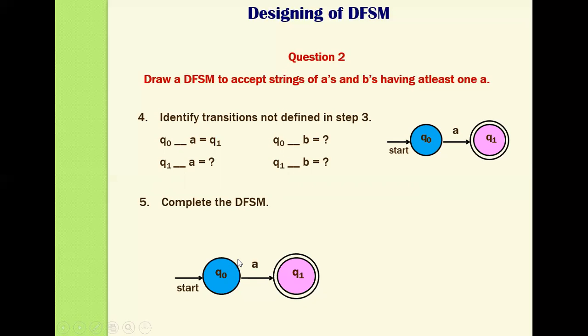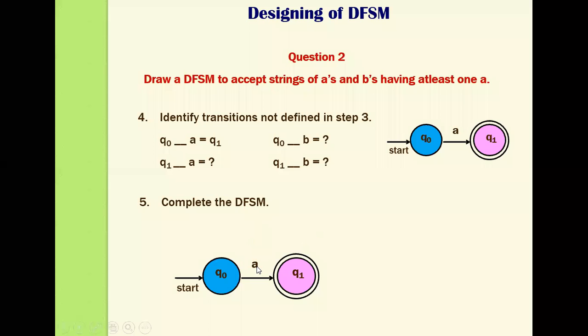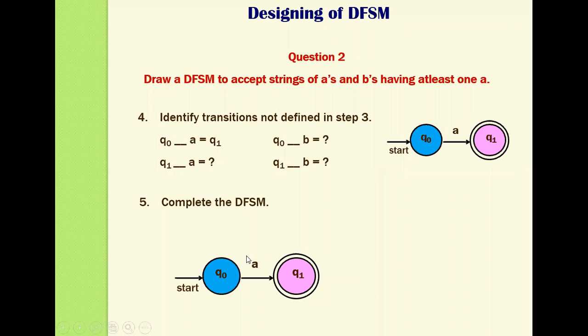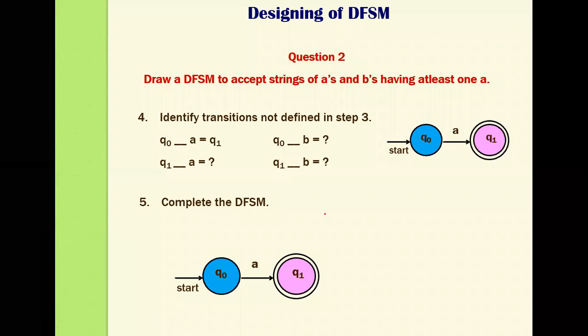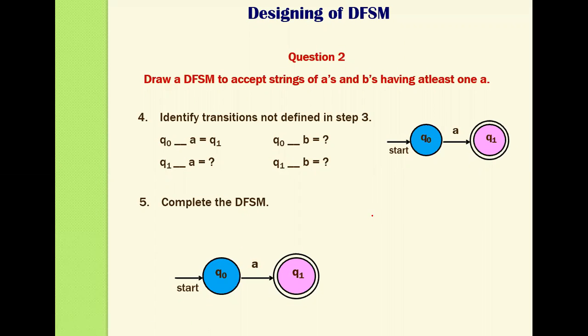Now I think I have told you how we have to go with the order. Let me write down the order you have to follow to find those transitions. First, we should always try putting a self loop. If the self loop does not work, then you try with the forward transition.